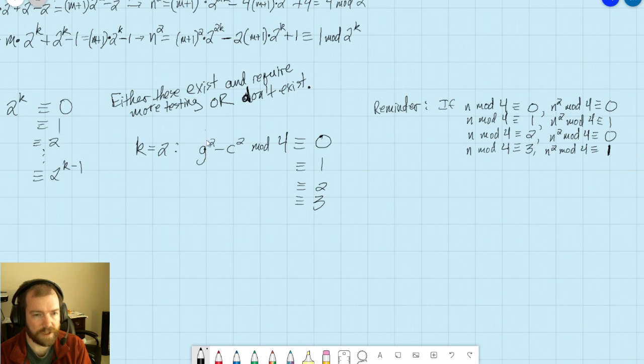If g is 0 mod 4 and c is 0 mod 4, then we can get 0. Or 1 and 1 mod 4, we'll get 0. If g is 1 and c is 0 mod 4, then we get 1. If g is 0 and c is 1, we get negative 1, which is the same as 3, which means that 2 is entirely off the menu.